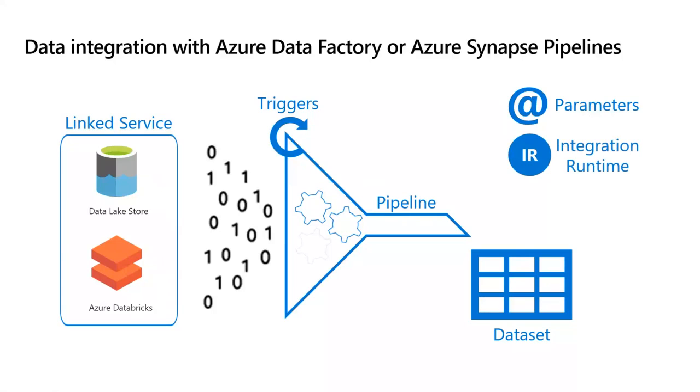Integration runtime is referenced by the linked service or activity you are doing. As I mentioned, it provides the compute environment where this activity of your pipeline can take place and where it gets dispatched.